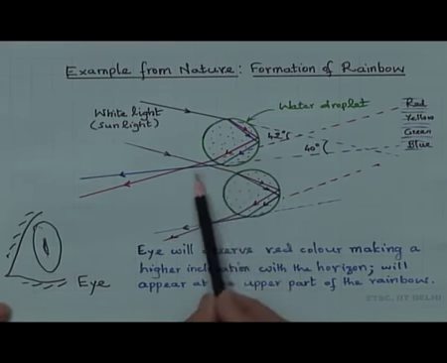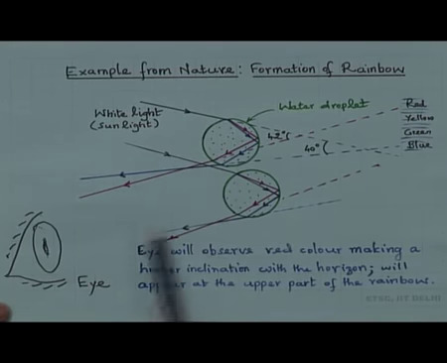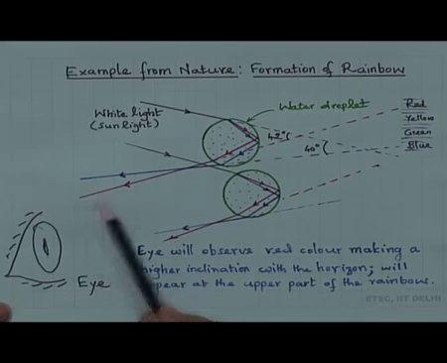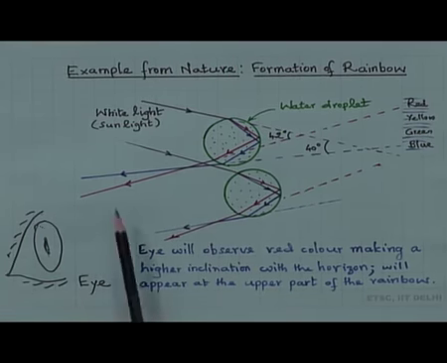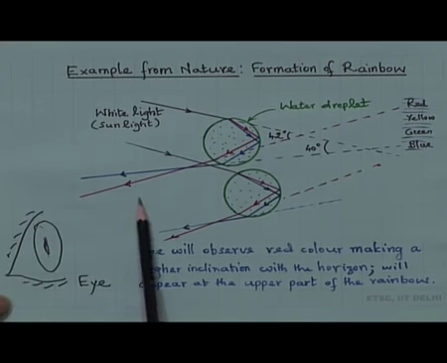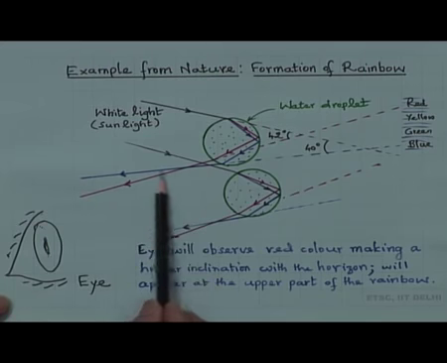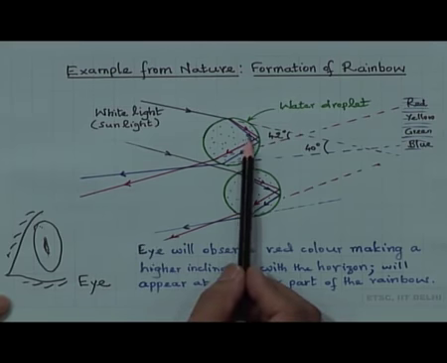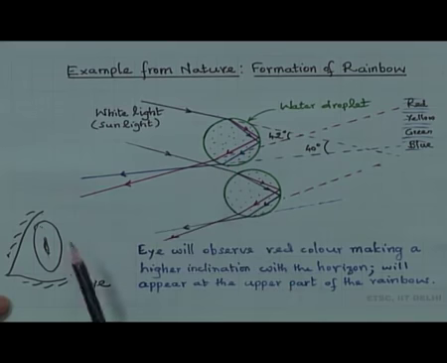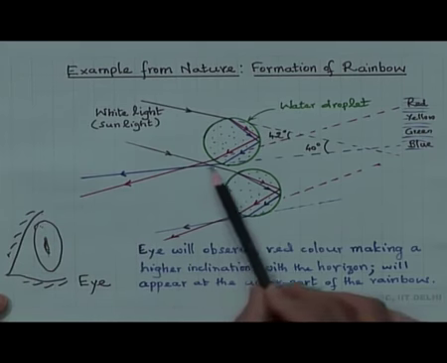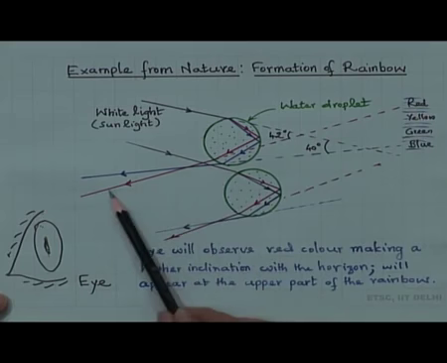Now, in the process as illustrated in the diagram here, we can see that red comes out at a larger inclination, the inclination angle with the horizontal. So, I am talking about the inclination angle with this horizontal. Red comes out at a larger inclination and blue comes out at a smaller inclination, because of the dispersion taking place inside the medium. An observer, here I have represented an observer's eye, sees red at a higher angle because it is at a larger inclination.